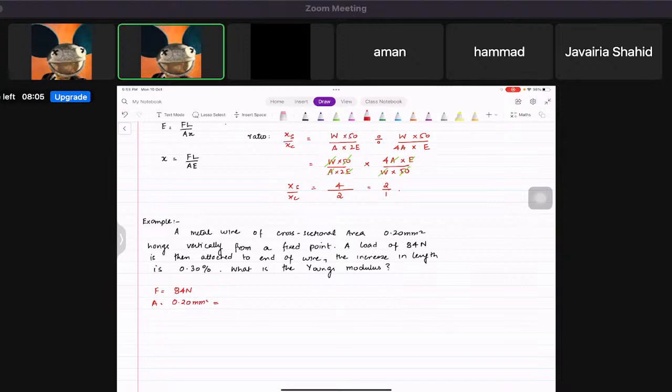How to convert millimeter into meters? 1 millimeter can be written as 10 raised to power minus 3 meter. We know this, right? So if you square this up, 1 millimeter square is going to be 10 raised to power minus 6 meter square. So instead of millimeter square, I'm going to write 10 raised to minus 6 meter square. Do you guys understand this?